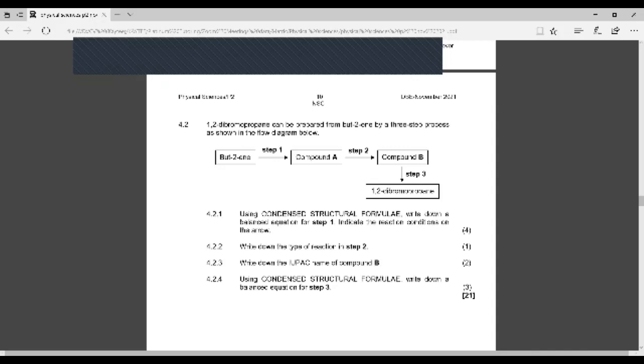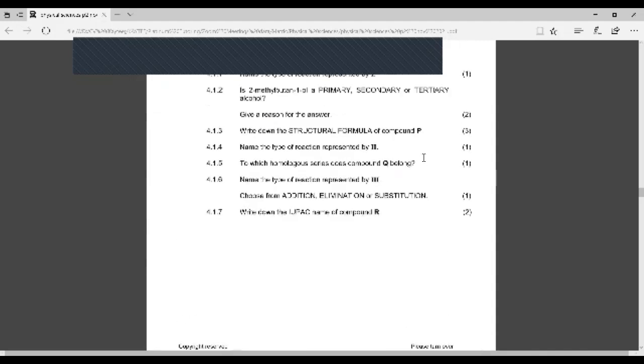I know it can be butane, and then butene, you can add your bromide there, it's possible. Then you're going to have 2,3 or 1,2-dibromobutane. So go and think hard on it.